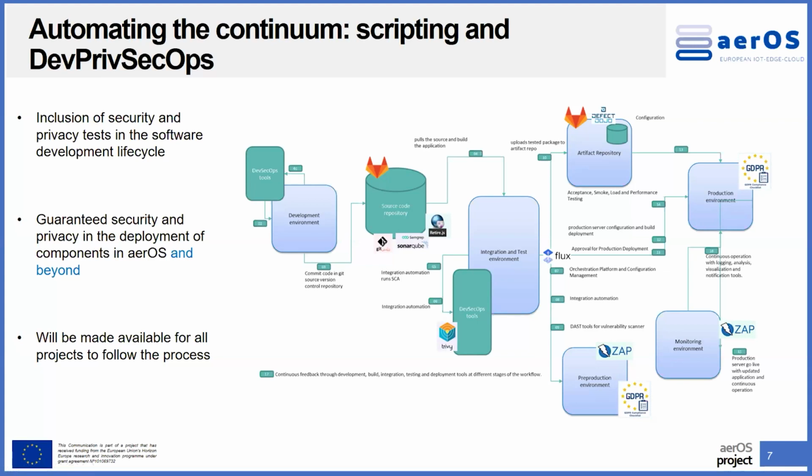So we start by providing tools and methodology from the first step, which is the planning of the development methodology, where we take into account threat modeling about security and privacy. We provide tools in the development environment that provide static security analysis, integrated in the development environment.